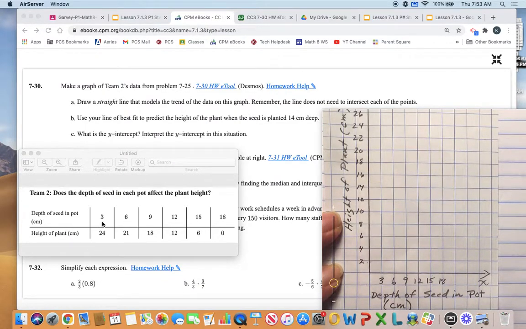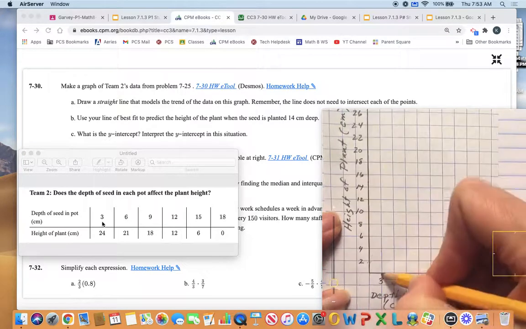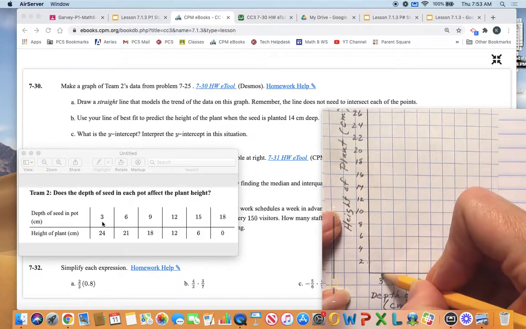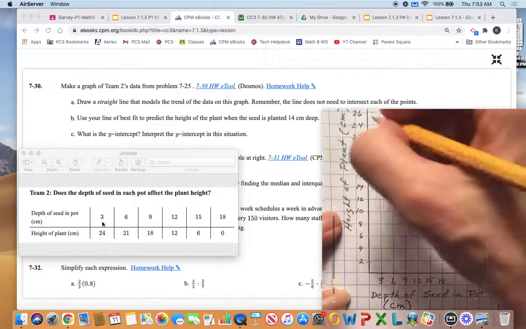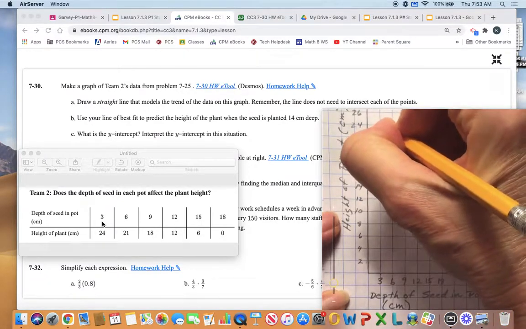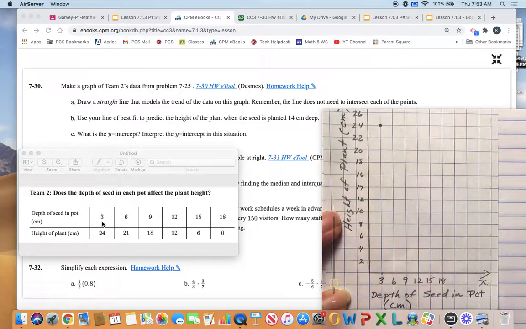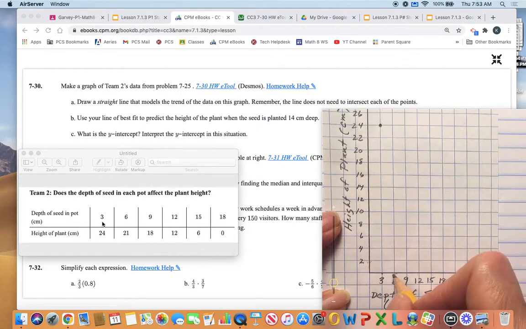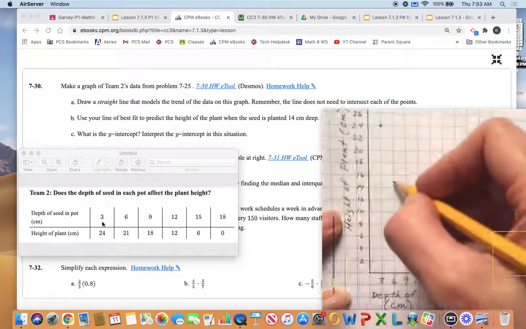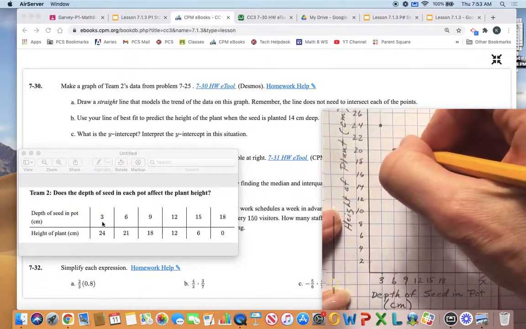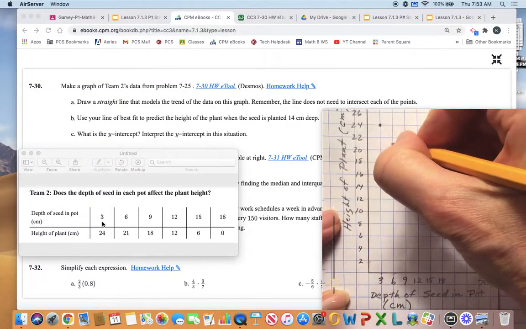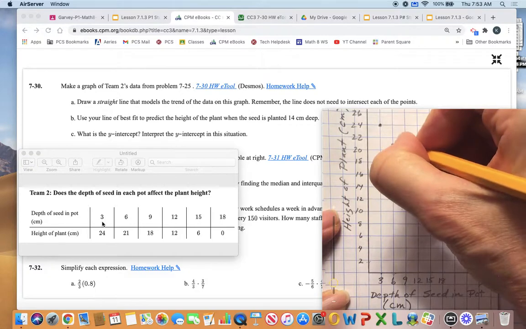So the first data point that we have over here is 3 and 24. So when the depth of the seed is 3, so that's x, then the height of the plant is going to be way up here on 24. So that's our first point. The next one is if we plant the seed at 6 centimeters, it's going to grow to 21. So we'll go up here, and that's halfway between 20 and 22.